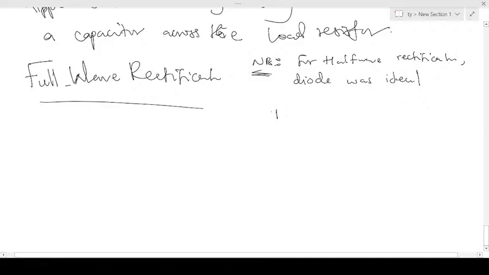So keep this in mind, that in a normal practical half-wave rectifier, your output voltage will always have a peak value 0.7 volts less than your input voltage. This is due to the barrier potential, which you learned about in semiconductors.